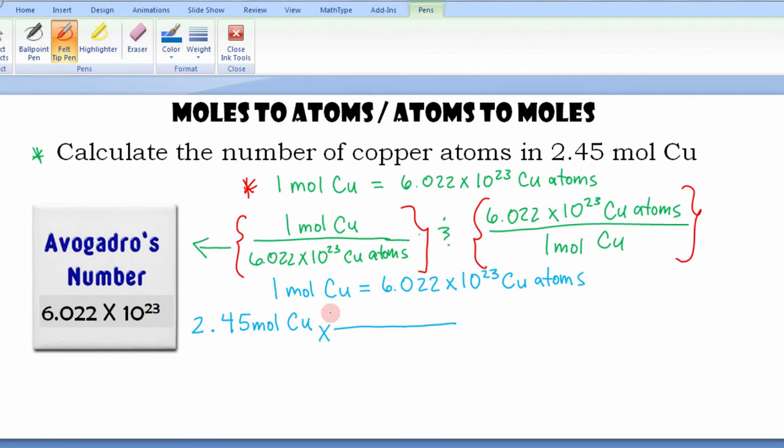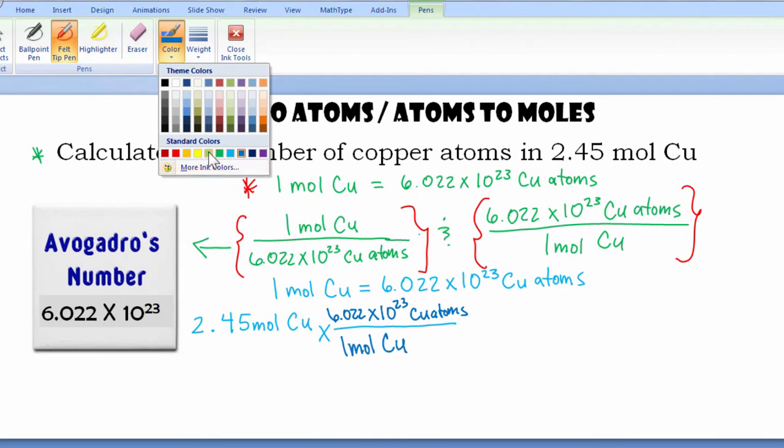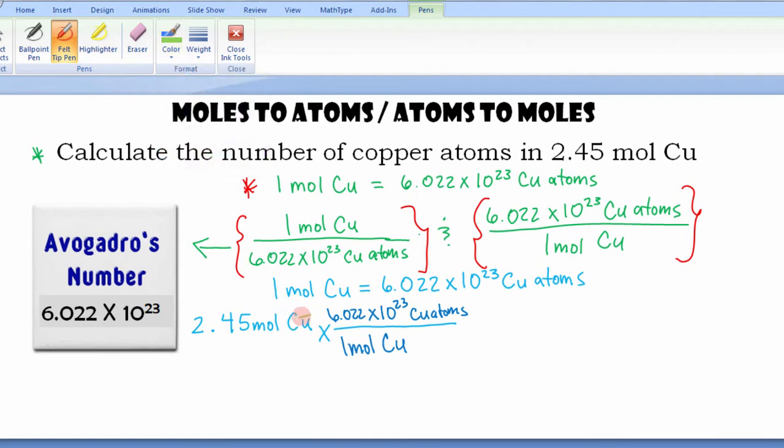I need to say that 1 mole of copper is in the denominator and 6.022 times 10 to the power of 23 copper atoms is in the numerator. So what happens here is moles of copper and moles of copper cancel. So I'm left with a unit of copper atoms.